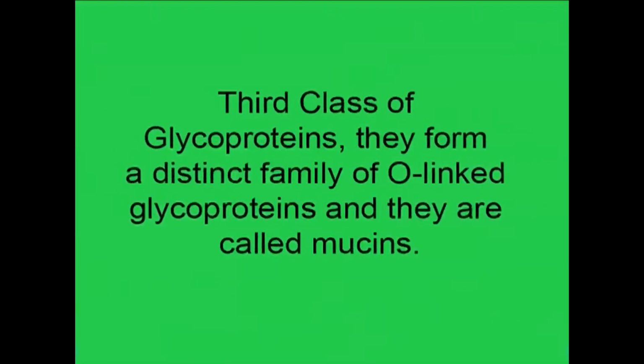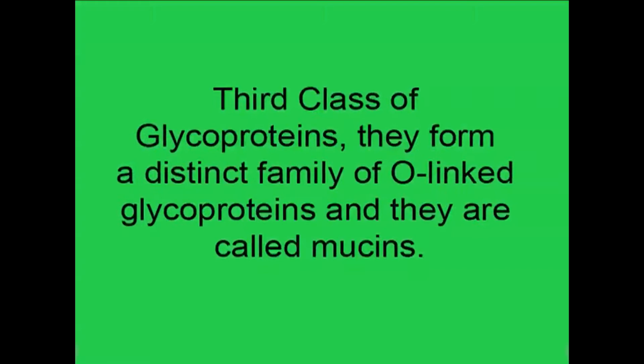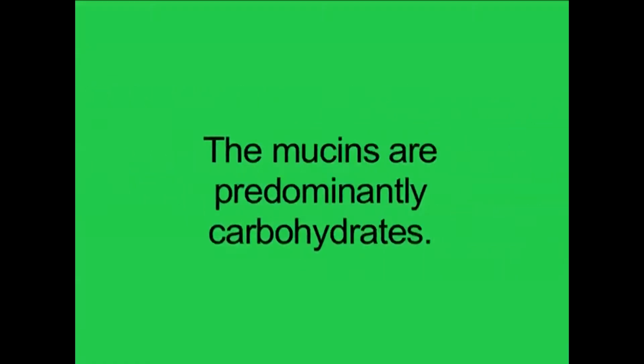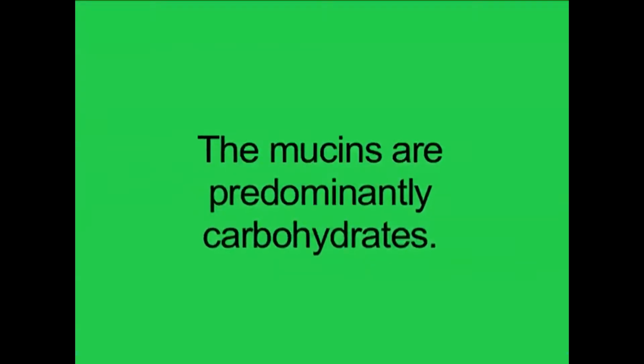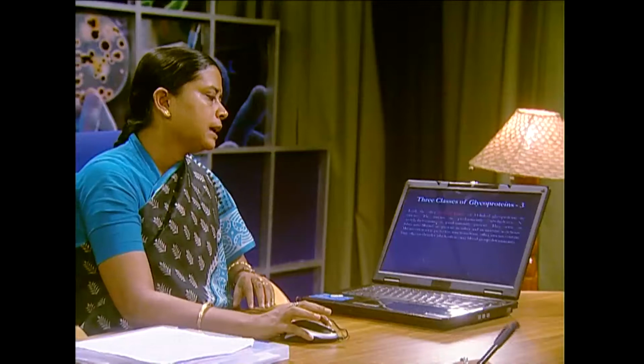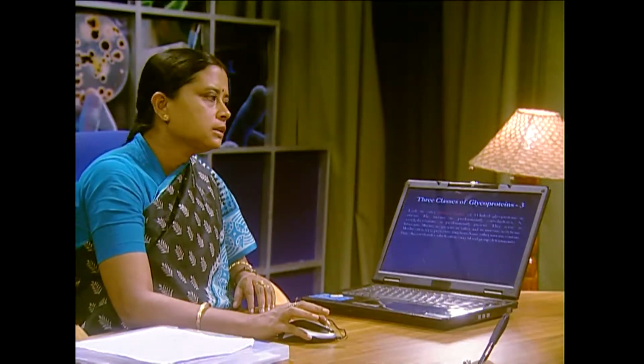The third class of glycoproteins forms a distinct family of O-linked glycoproteins called mucins. The mucins are predominantly carbohydrates, similar to class 2, and N-acetyl-galactosamine is present prominently. They serve as lubricants.